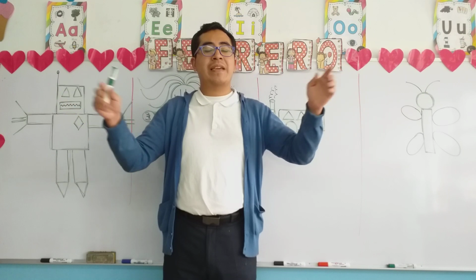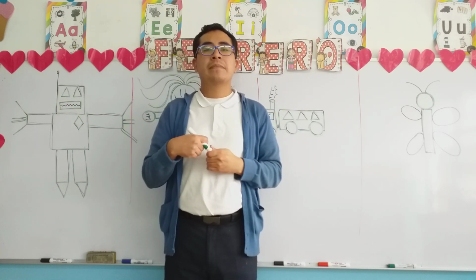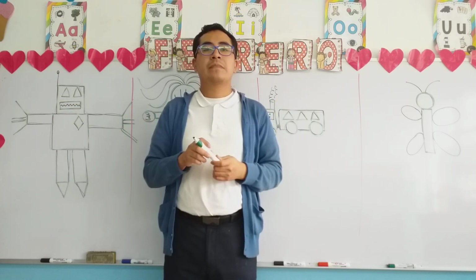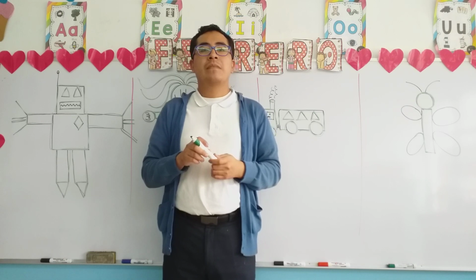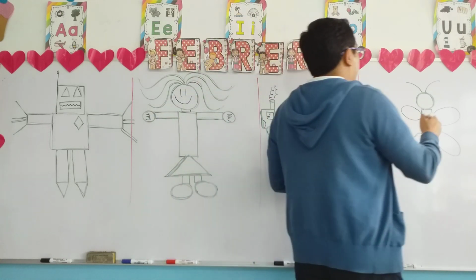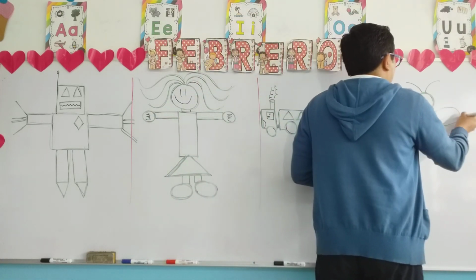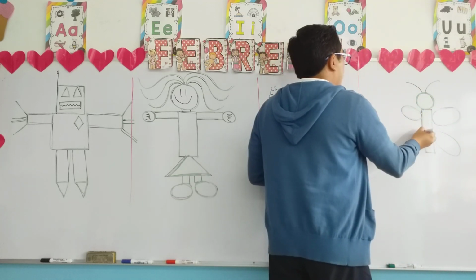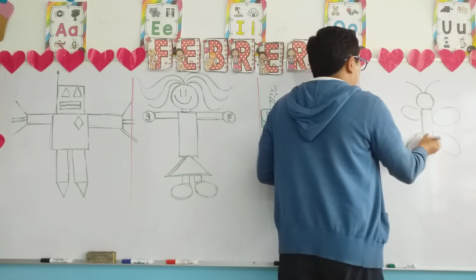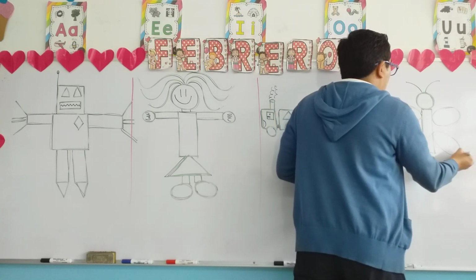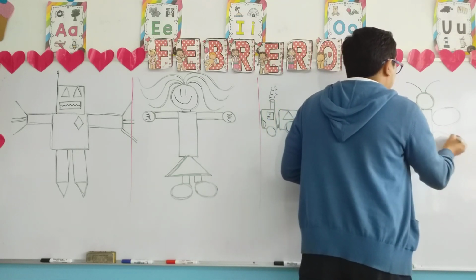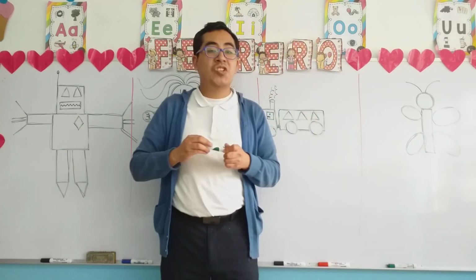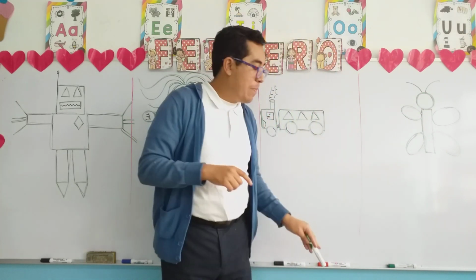Wings, alas. ¿De qué forma serán? Oval. Very good. One oval, two ovals, three ovals, and four ovals. And we have finished with the butterfly.